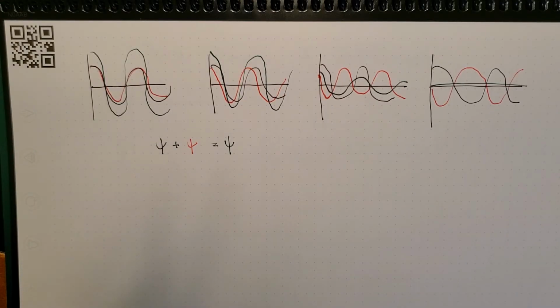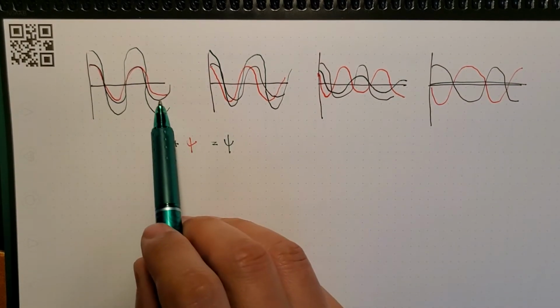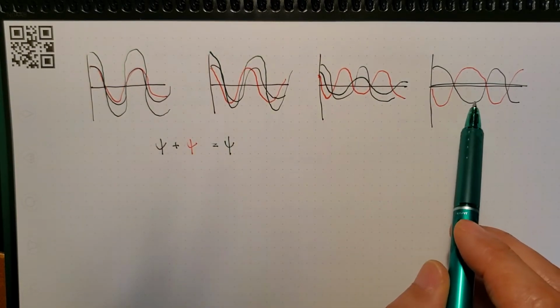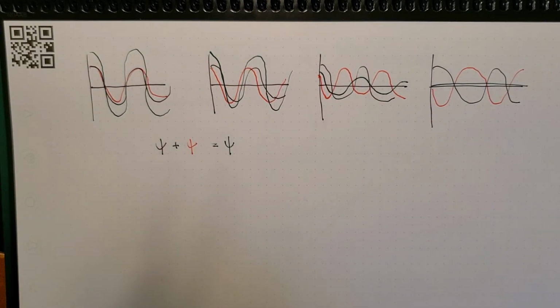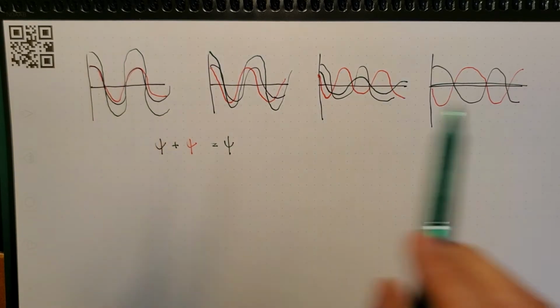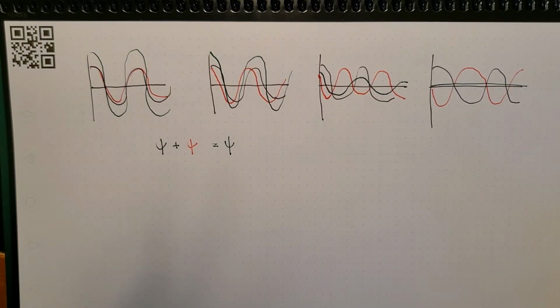Here, this is when you have two same intensity and frequency waves, the black one and the red one, trying to interfere at different phase. Okay, same phase, opposite phase, slightly and more different phases.